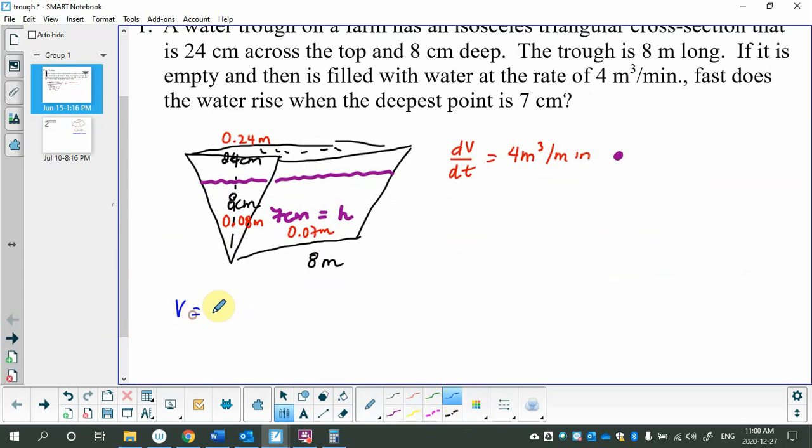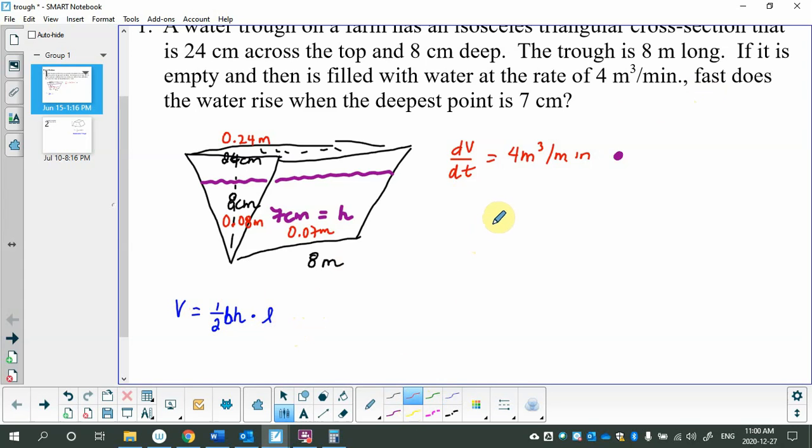So volume is a half base times height, so that's a triangle, and then times the length. So see a problem here? I got 3 letters here. I haven't actually finished this because I don't have a question mark.